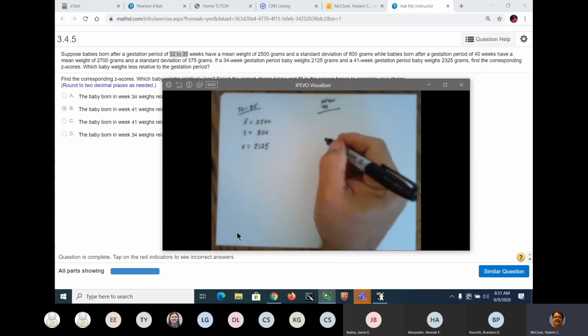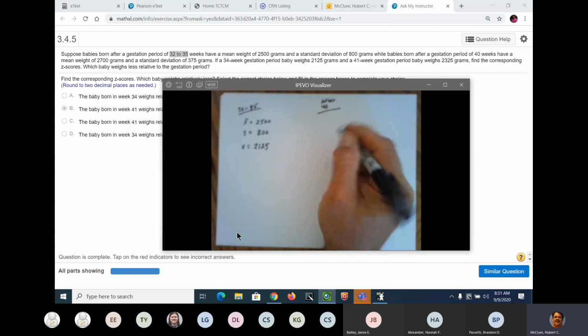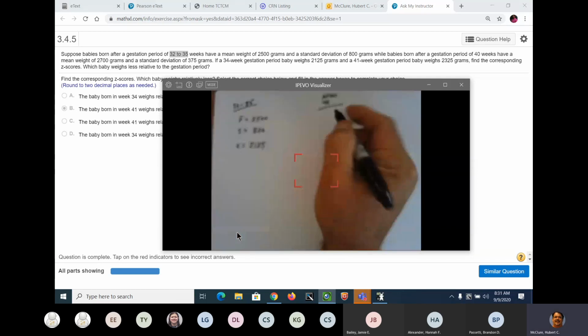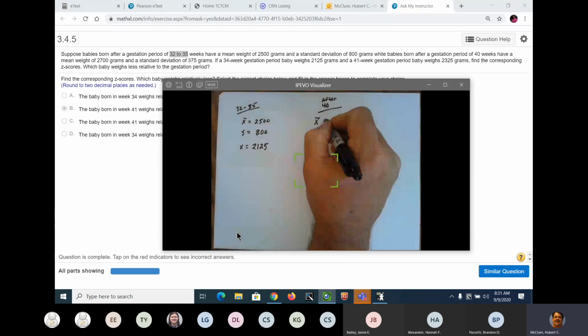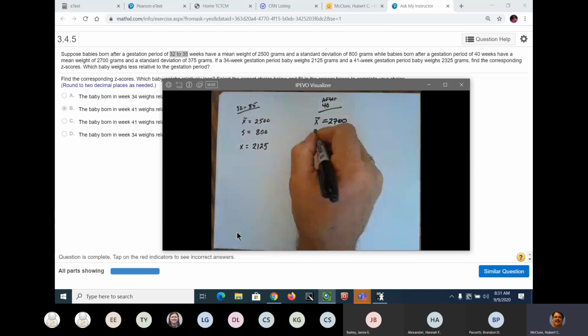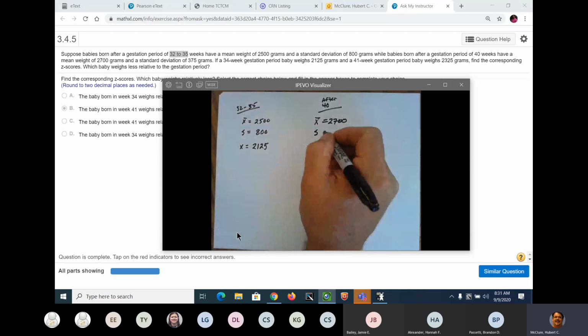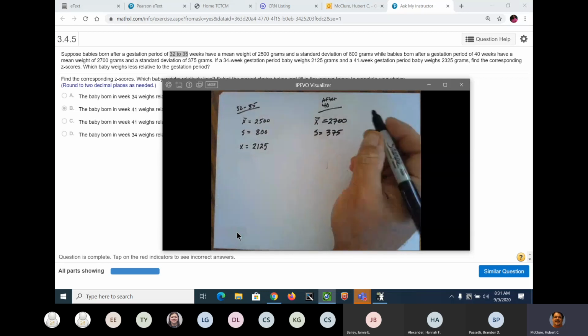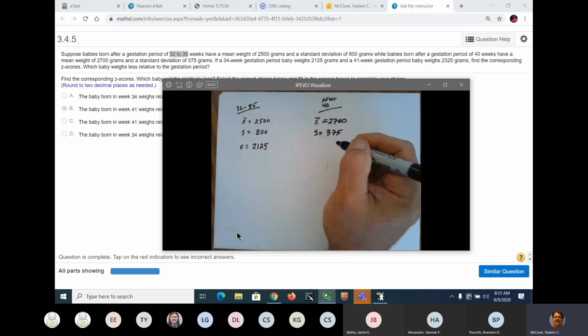Okay, let's write down its mean of 2,700 and a standard deviation of 375. You know, they don't want you to draw this. They just want you to do the z-scores. And on a 41 week, that is 2325.